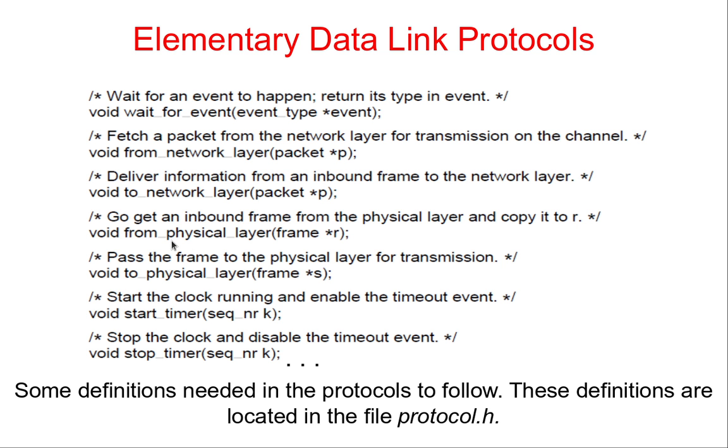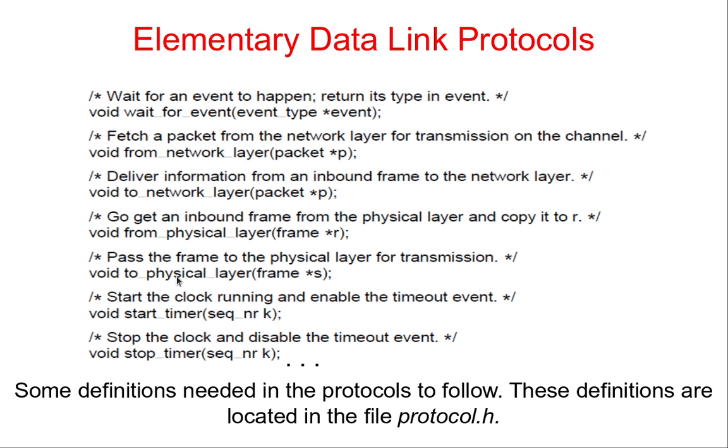Next, from_physical_layer with frame pointer r. That means get an inbound frame from the physical layer and copy it to r. Once again, it is the receiver's data link layer which gets from the physical layer a frame in r, of frame type.